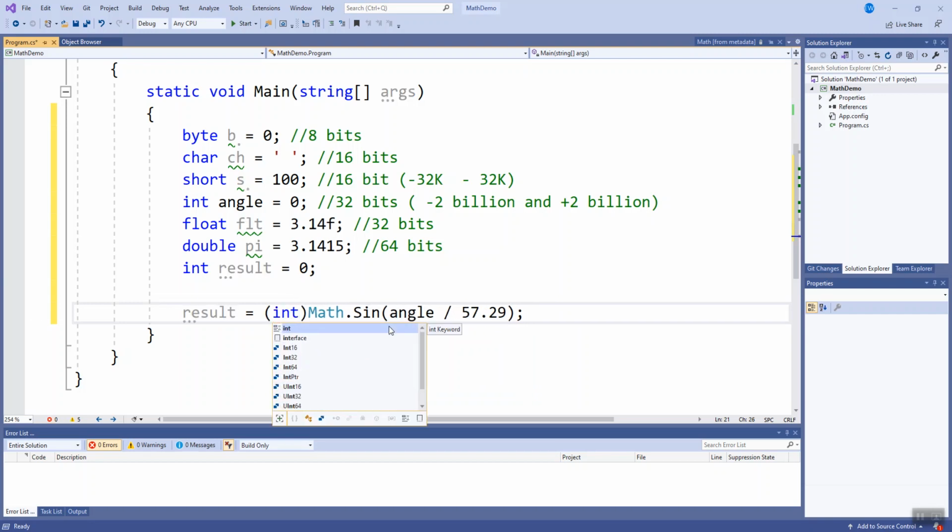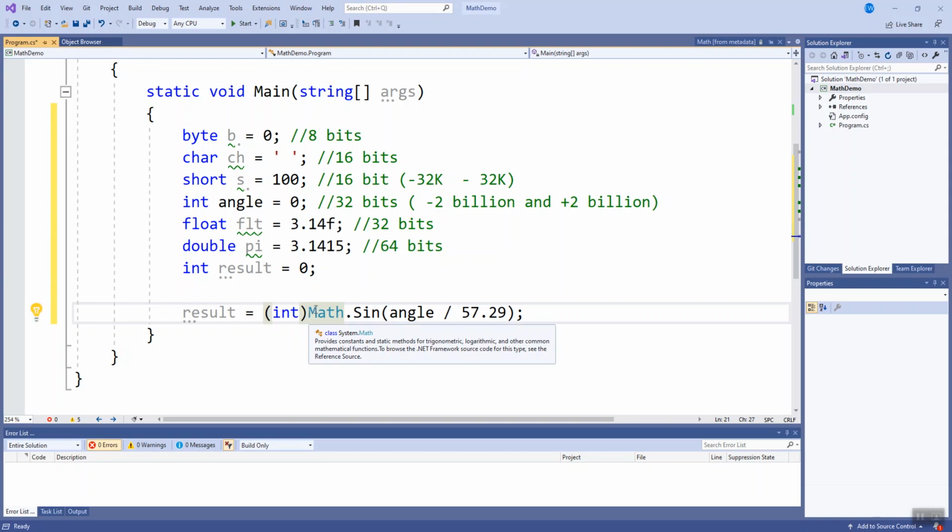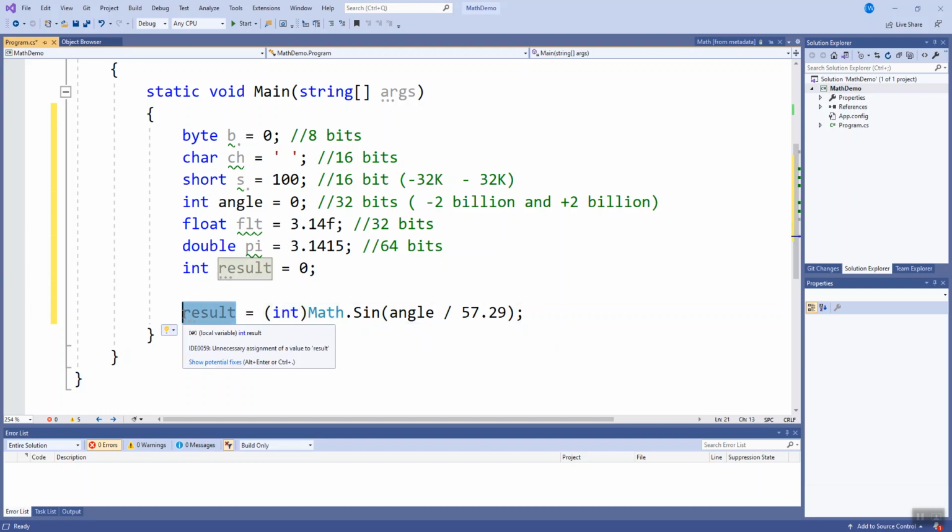You can tell the compiler that you understand there's a danger of truncating your value, losing everything after the decimal point, but you're going to do it anyway. You don't care. What it does is it takes the thing immediately to its right and converts it into this type temporarily, and then it can store it in the target.